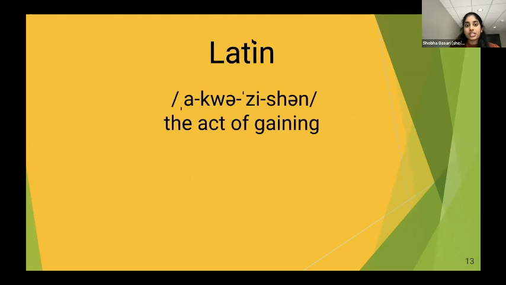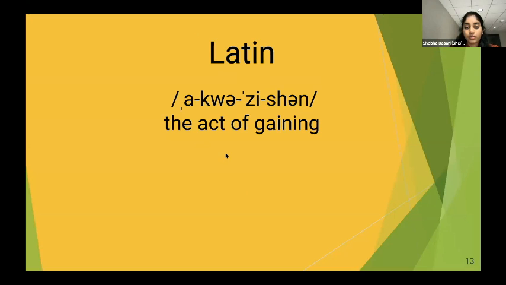Okay, this next word is acquisition, which is the act of gaining. So if we can make some guesses. Okay, looks like most people have this right.